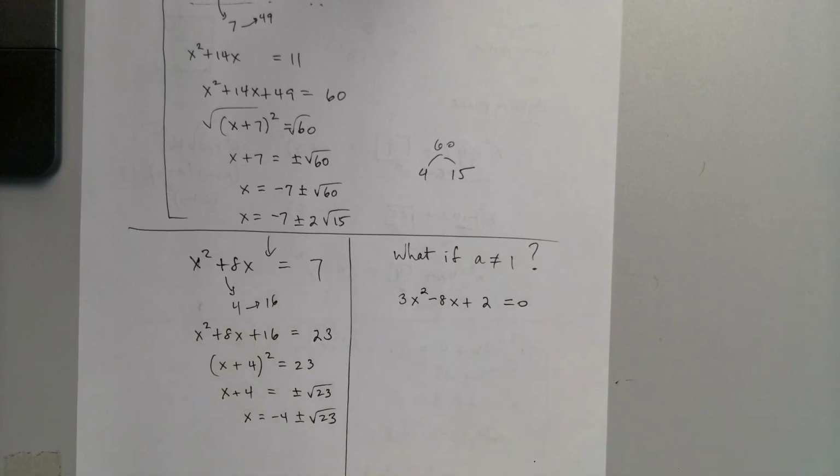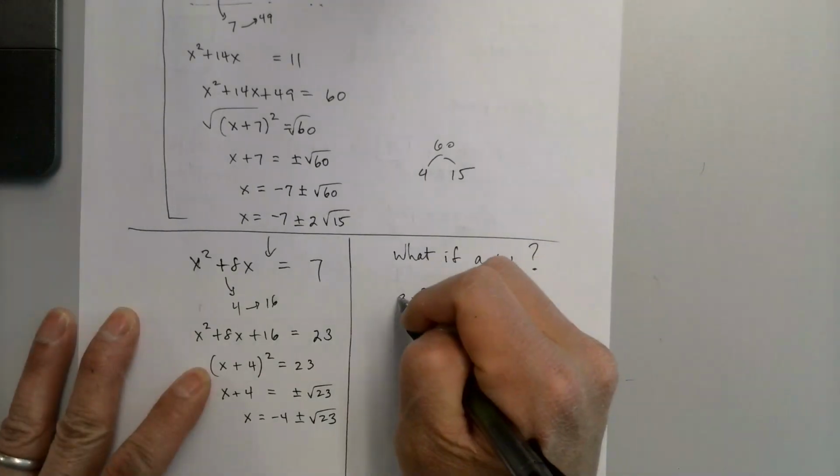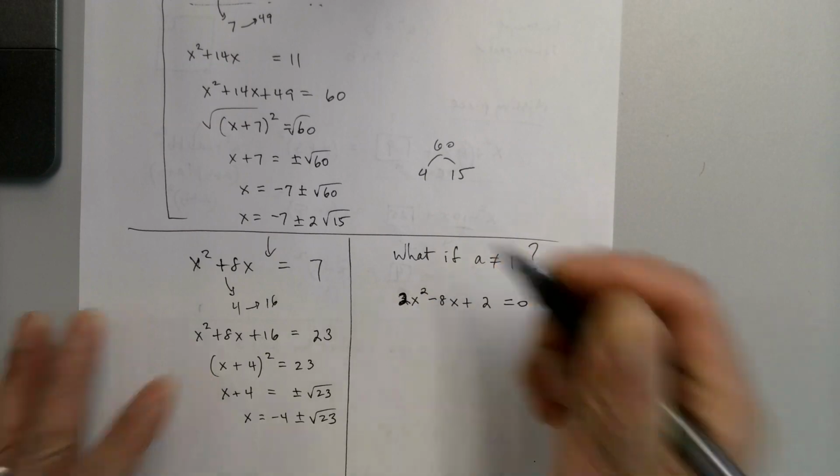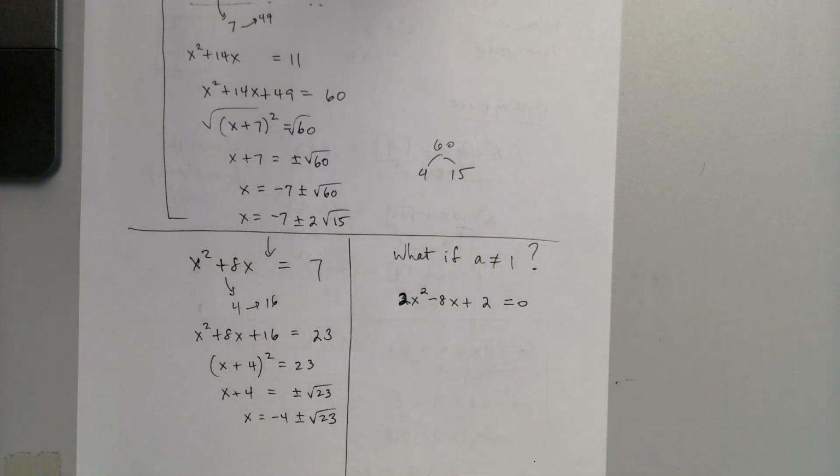Okay, here's an example where a is not 1. Actually, I think I'm going to change this to a 2 for this example. Okay, a is not 1.